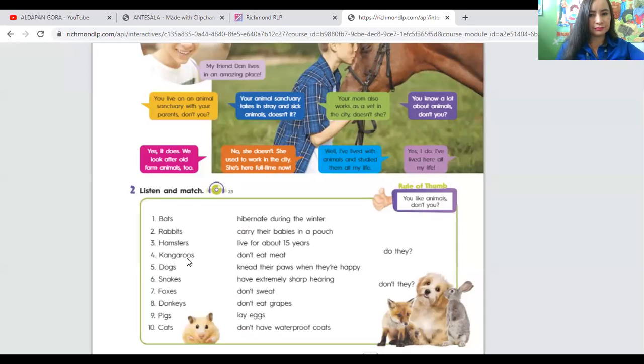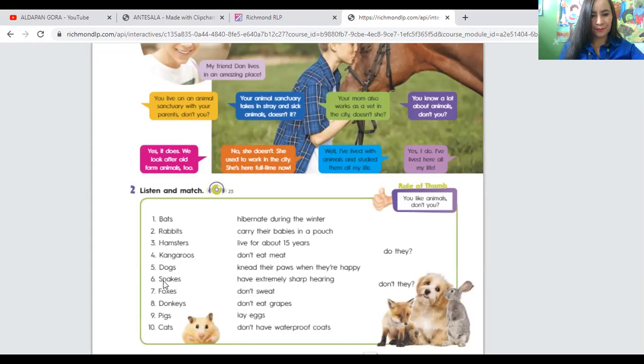Kangaroos carry their babies in a pouch, don't they? Excellent. You understand. Very good. Five. Dogs don't sweat, do they? Perfect. Number six.